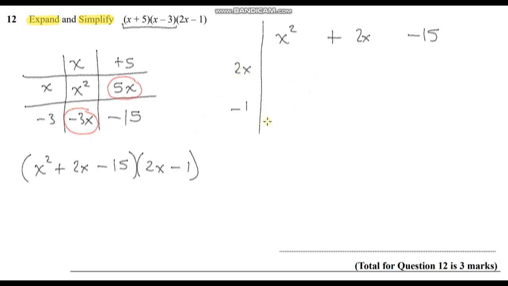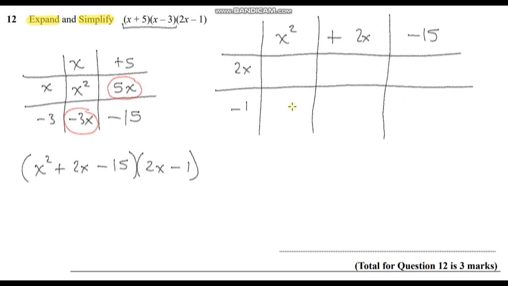So again, if I set up my grid, okay, not the neatest, but it doesn't really matter. We're going to multiply everything in this bracket by everything in this bracket. So x squared times 2x, that gives me 2x squared.